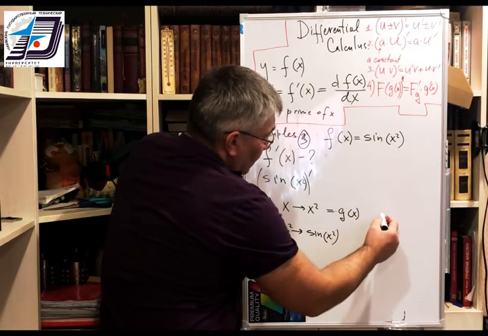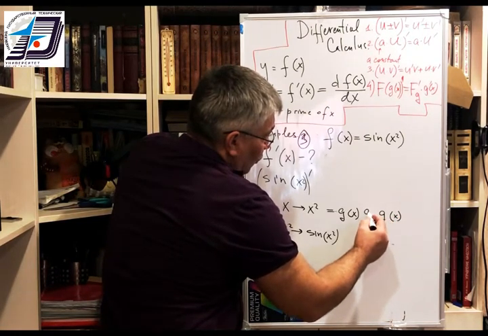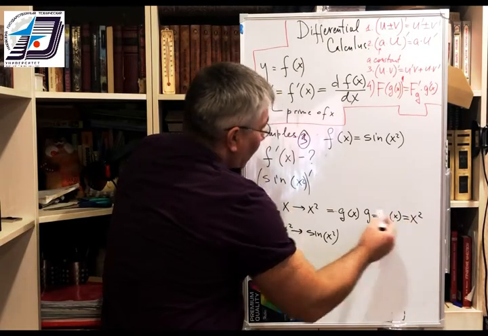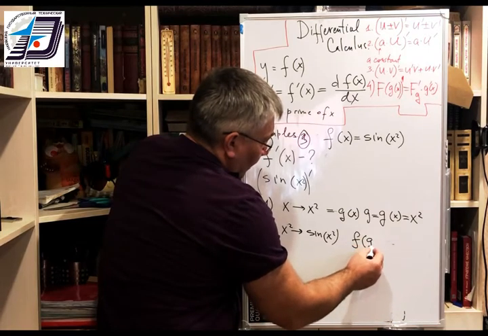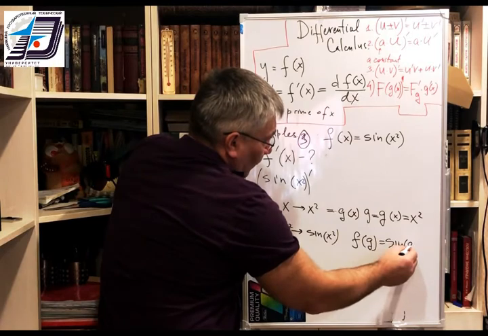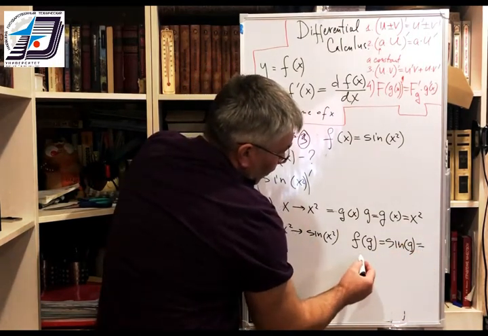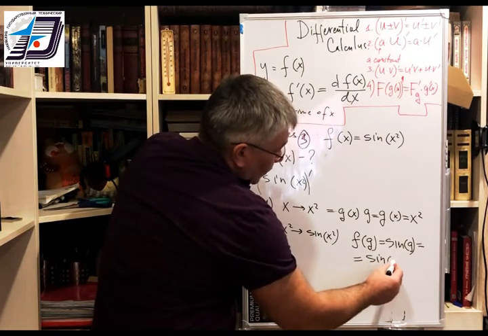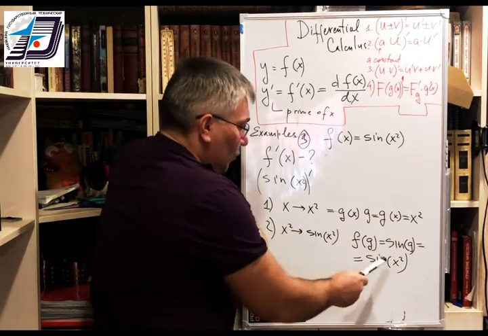So g of x, I put here g equals g of x, and it is x squared. And then I have another function f of g, which is sine of g. Or simultaneously I can write it like sine of x squared. So you can see that we have two operations.